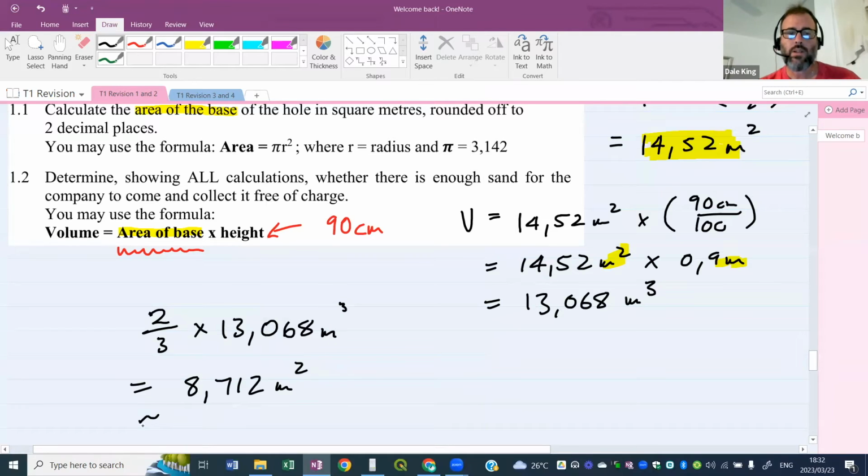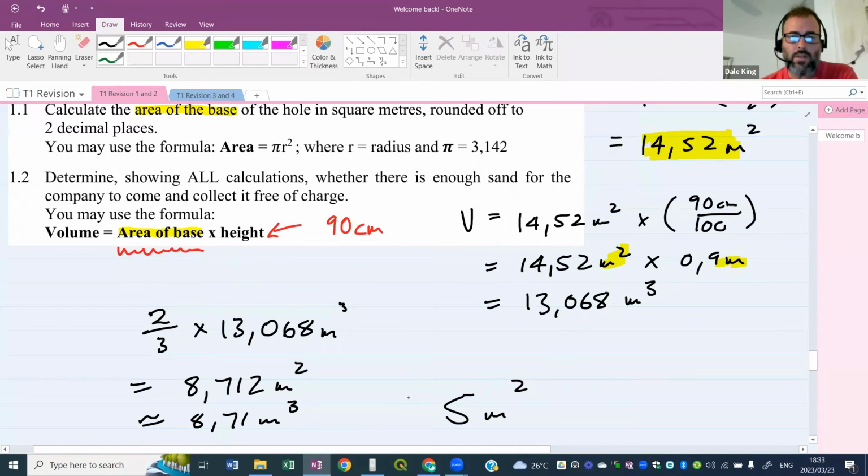All right. I can round this off now if I want. So 8,71. And we're checking this against the 5 meters cubed in the question. Is it bigger than 5 meters cubed? Yes, it is. So let's read the question. Determine showing all calculations whether there is enough sand for the companies to come and collect. So this is bigger than 5 meters cubed.